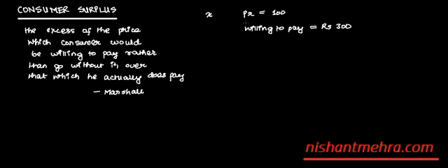Okay, right. So you were willing to pay this much, but you were asked to pay only this much. So the consumer surplus is rupees 300 minus rupees 100 equals to rupees 200. That is what your consumer surplus is.